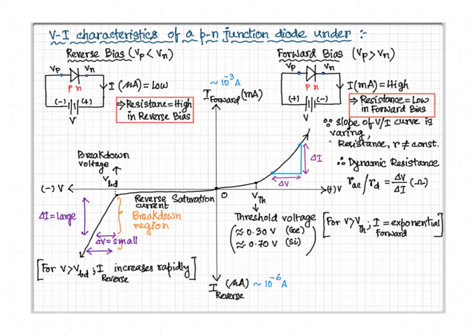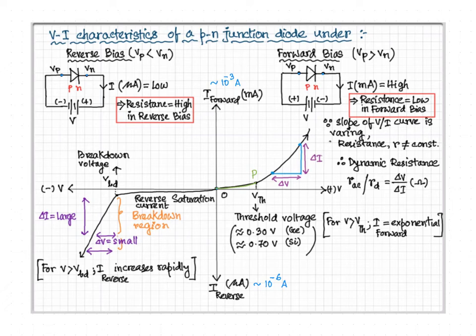Now let us see what happens in forward bias. Under forward bias, as we increase the input voltage, the current increases very slowly, that is, from point O to point P. Now the question is why?